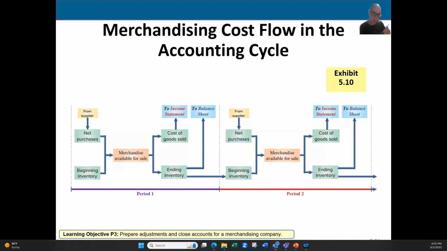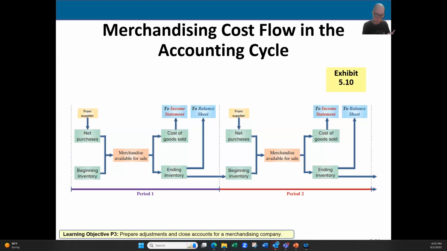When we sell the merchandise, it becomes cost of goods sold and ends up on the income statement. Anything left over becomes ending inventory, and it stays on the balance sheet. That ending inventory becomes the beginning inventory for the next month. You see? Moving one to the next.